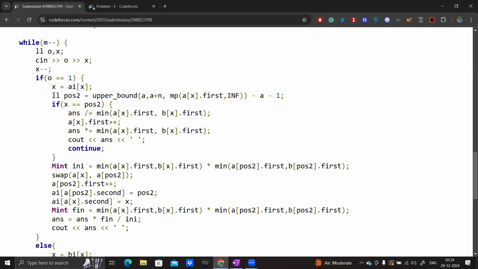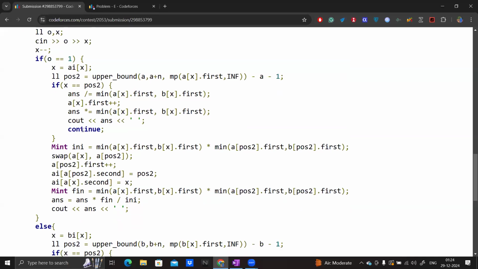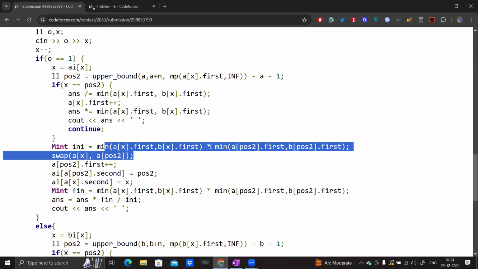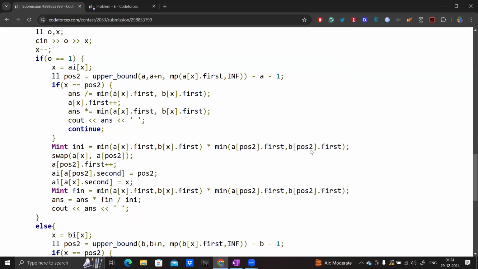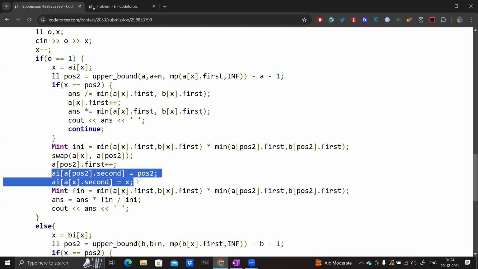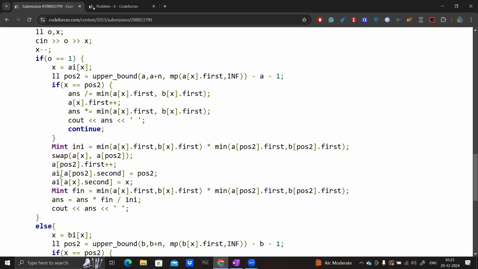So I divided the answer by x and also pos 2. Then I swapped x and pos 2. Then I increased the thing at pos 2 and I updated x and pos 2, because they have changed. So in the inverse array, I just updated the positions: ai of a of pos dot second is pos 2 and the position of x dot second is x.